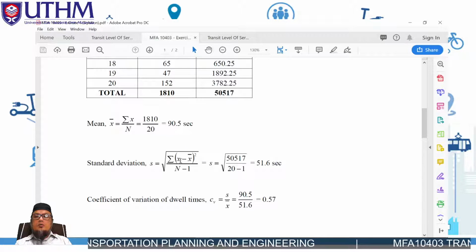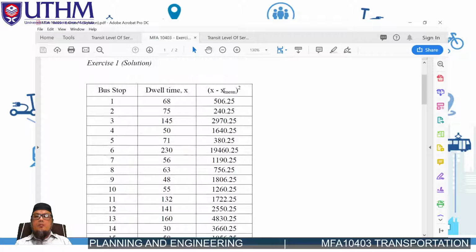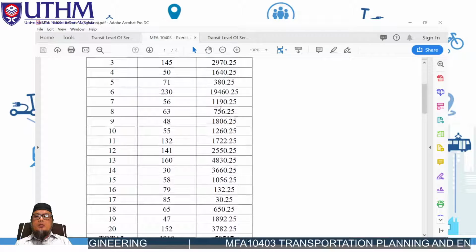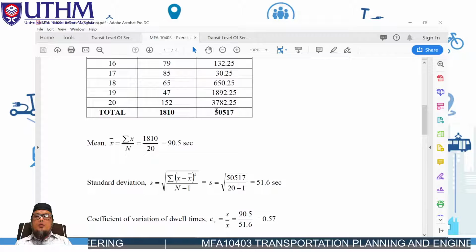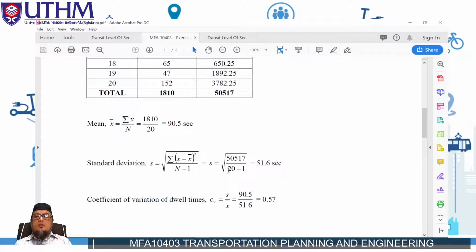The formula is the square root of the summation of the individual dwell time minus the mean, squared. So we obtain this value, 50,517, divided by 20 minus 1, which is the standard procedure for the standard deviation formula.